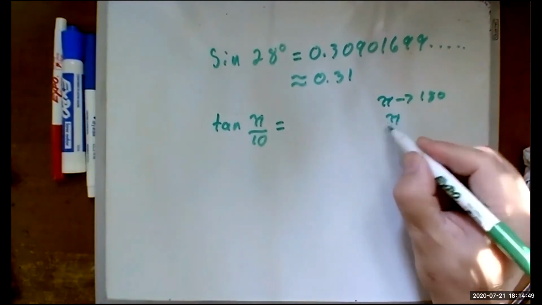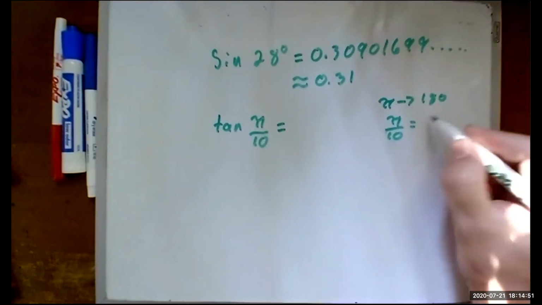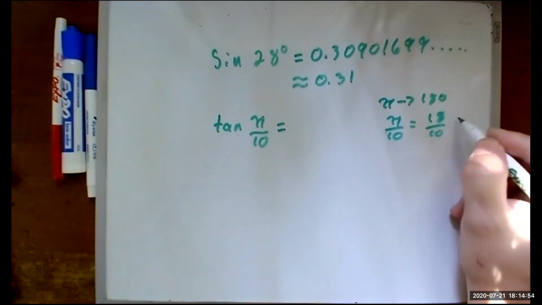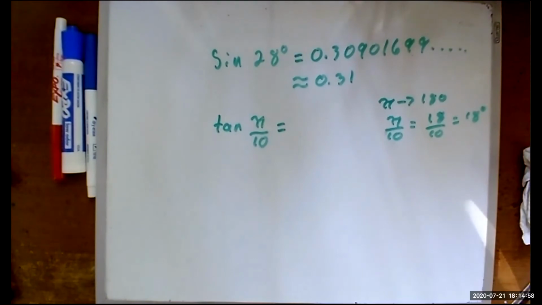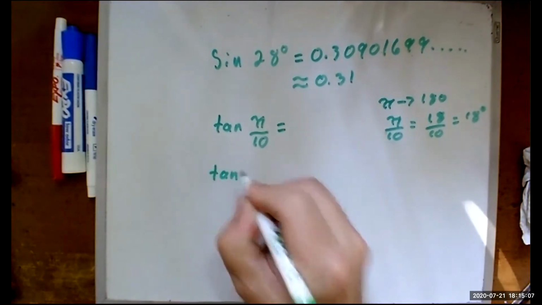I'm going to do it the fast way again. So remembering that pi can be translated into 180, we could say that pi over 10 is the same as saying 180 over 10, or simply 18 degrees.